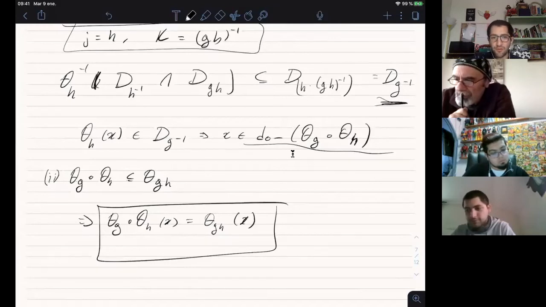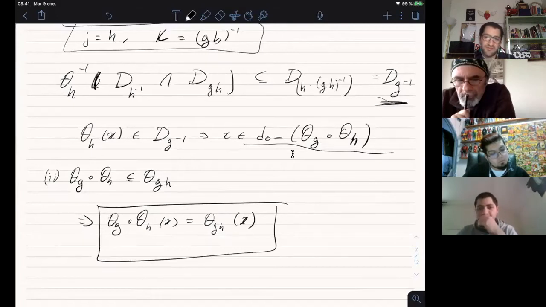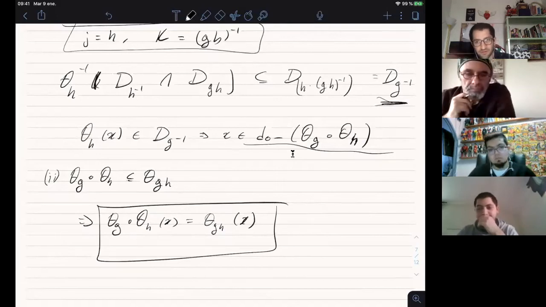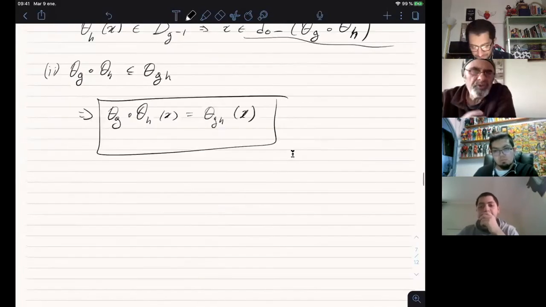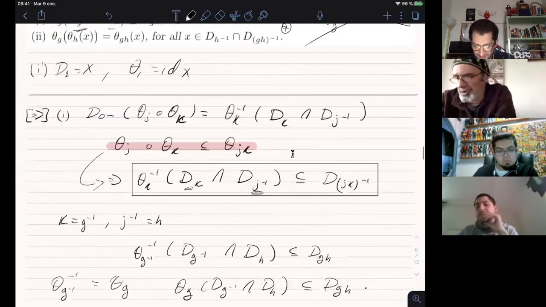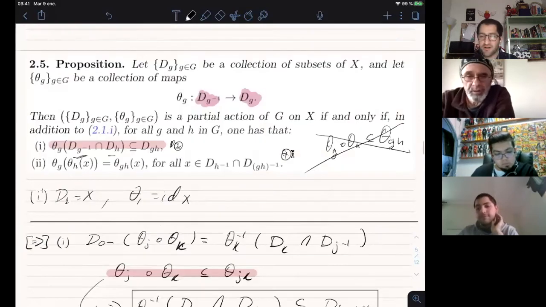The other way is rather similar, but I think that we could skip it. But if you're interested, we can continue. In fact, I just tried to prove the more natural part. This can be read from the text. It's not hard, it's very easy.